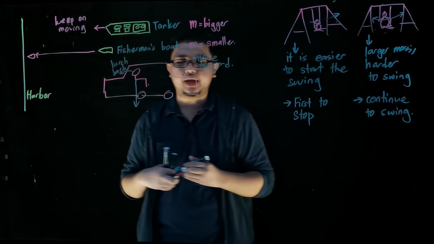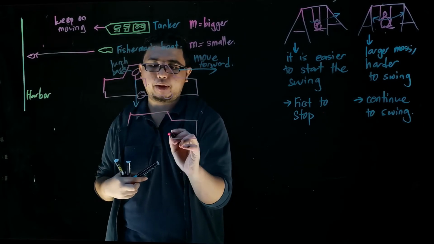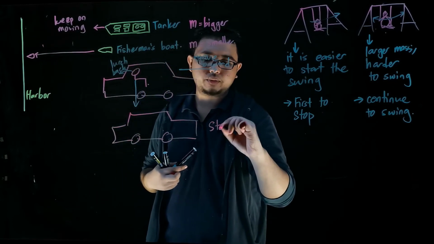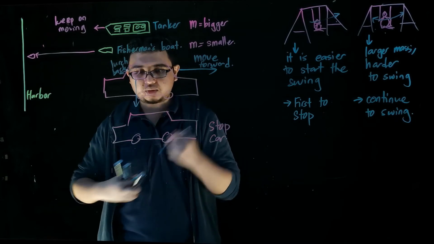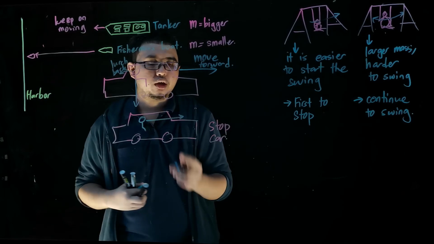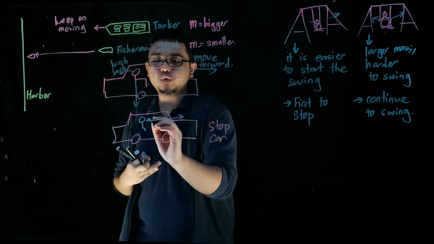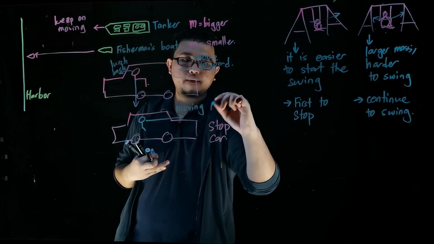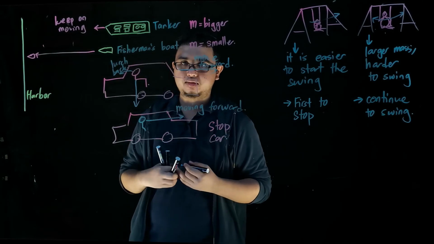The same thing happens if, let's say, suddenly your parents start to stop the car. Because your body is still experiencing the forward motion, when the car is stopped, you will start to lurch forward. Due to the effect of inertia, you will experience this.